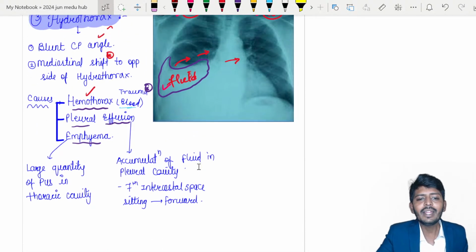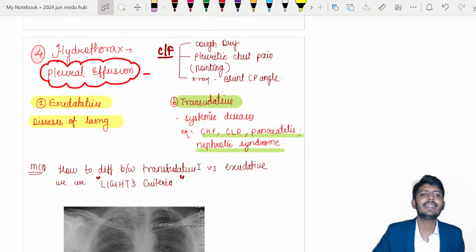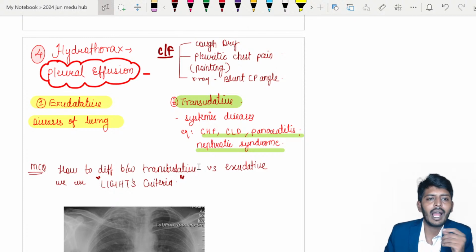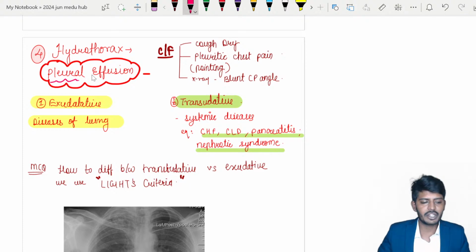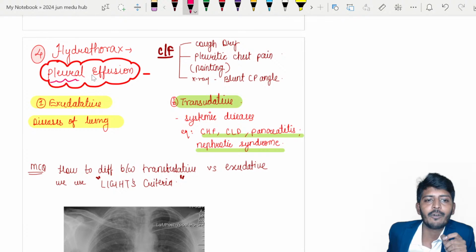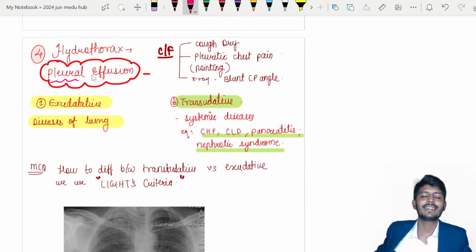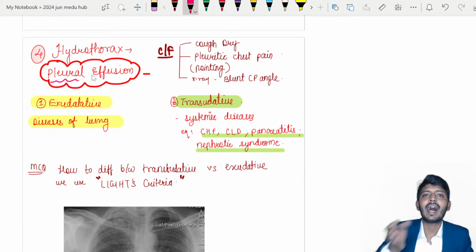Now, in this condition, what we are supposed to consider is called hydrothorax. Hydrothorax can be due to pleural effusion. Pleural effusion means accumulation of fluid in the thoracic cavity, which can happen as a result of any systemic disease or lung disease.